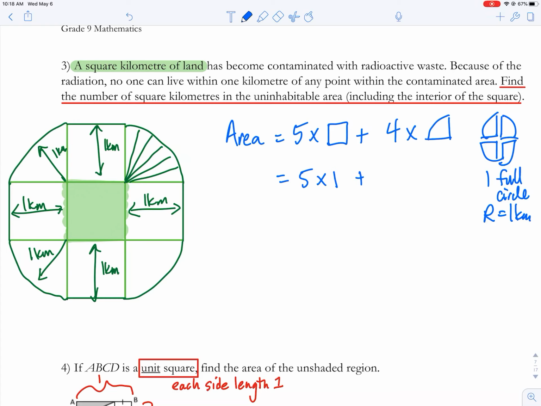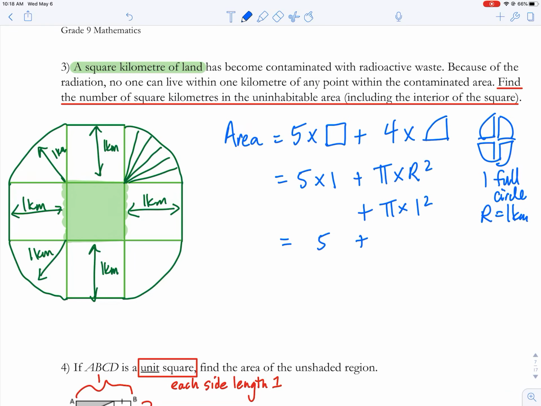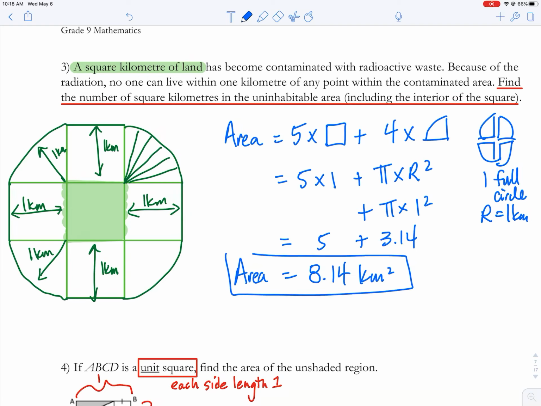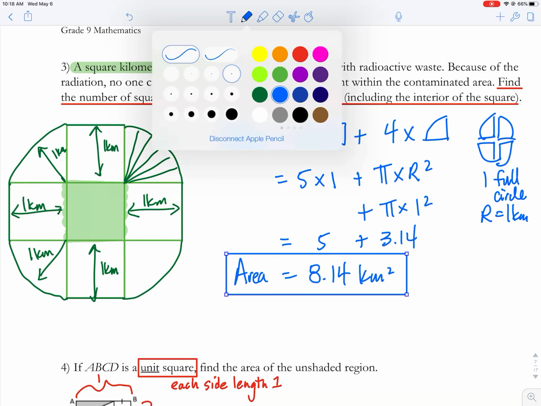So the area for 1 full circle is pi times the radius squared, which is pi times 1 squared, which just gives us 5 plus 3.14. So the uninhabitable area would be 8.14 kilometers squared. And we'd end with a therefore statement.